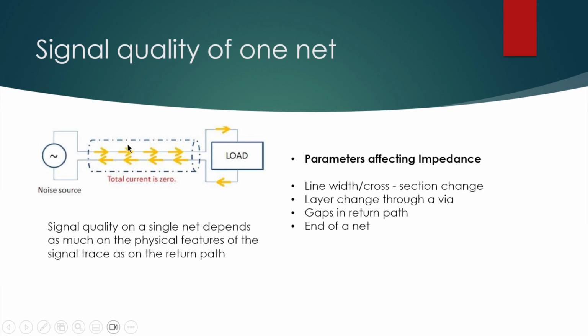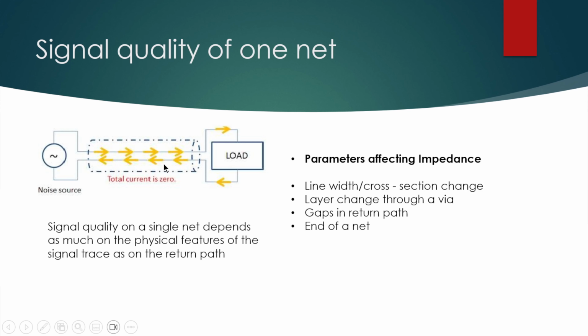But if there is any impedance change, which we call a discontinuity, then some of the signal will get reflected, and the rest of the signal, obviously distorted, goes to the receiver. The main rule of thumb we follow here is that the return path for a signal is as important as the signal path. So it is very important to design the signal trace and the return path, that is both the traces or interconnects, with as few discontinuities as possible.